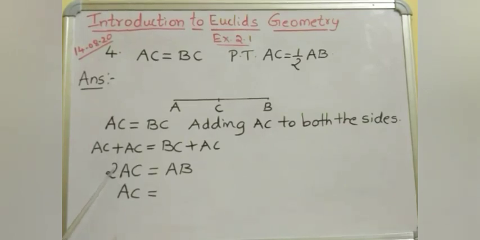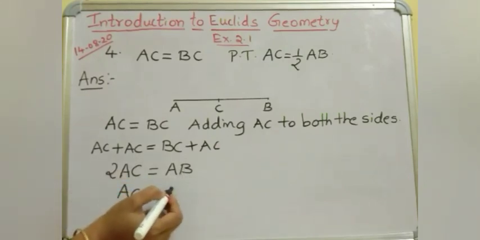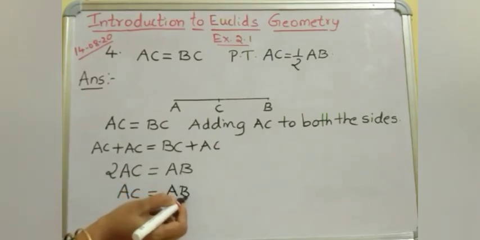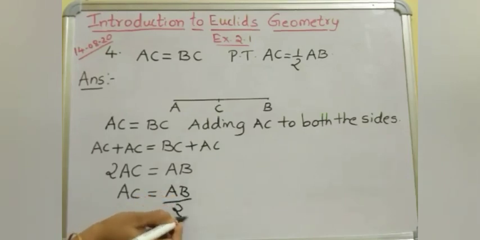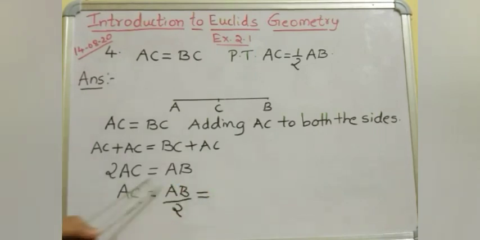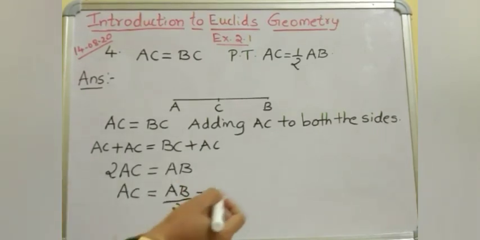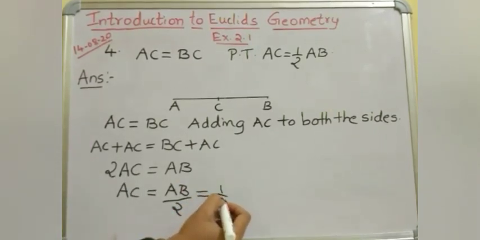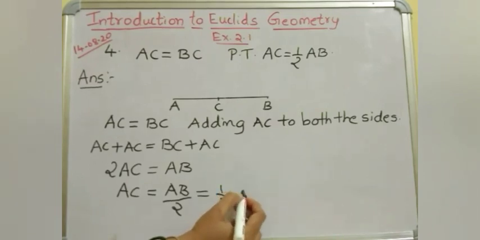Now I will bring this, that is transposing this to the right hand side. So the multiplication sign becomes division. What does it imply? AB by 2 means, is it half AB? Okay, so we can write it as half into AB.